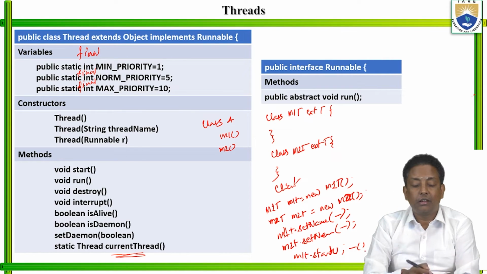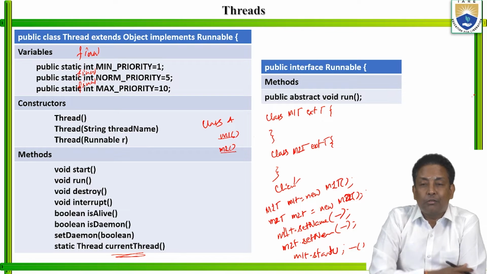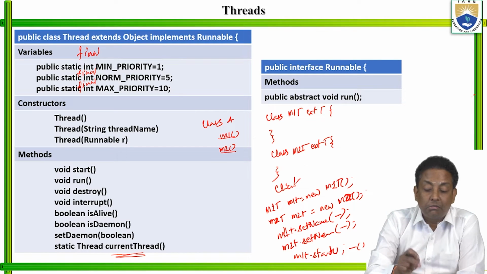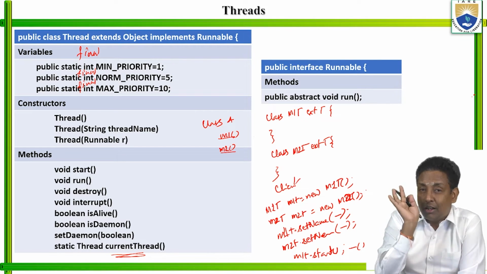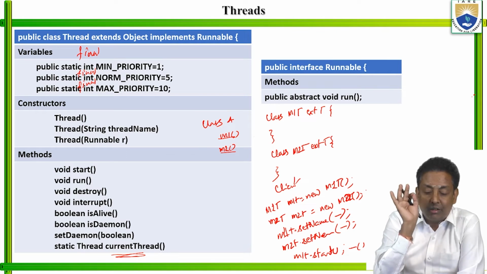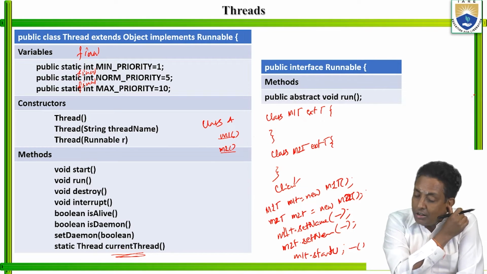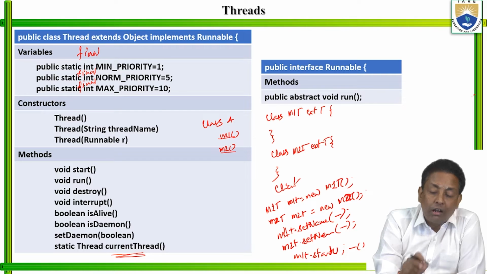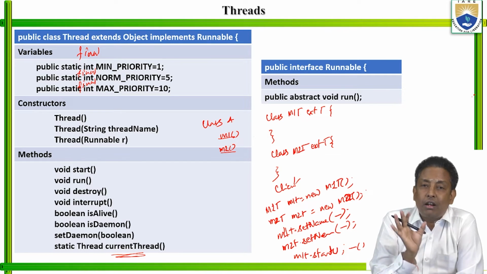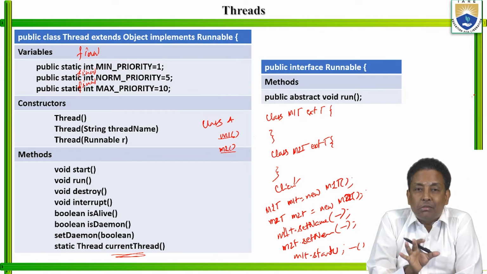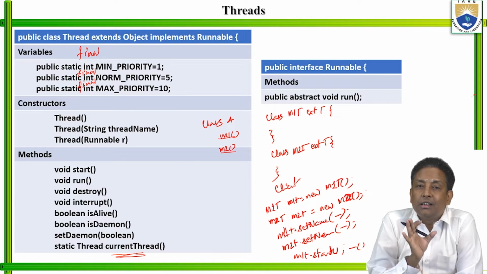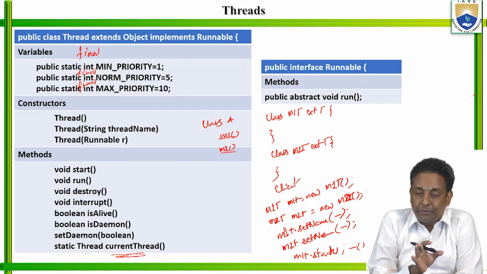See, remember, the methods are M1 and M2. They want to run concurrently. But by default, in every programming language, the method execution model is sequential. So methods always execute in a sequential model.